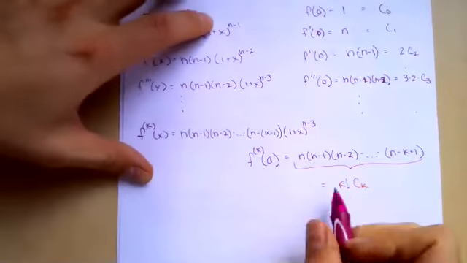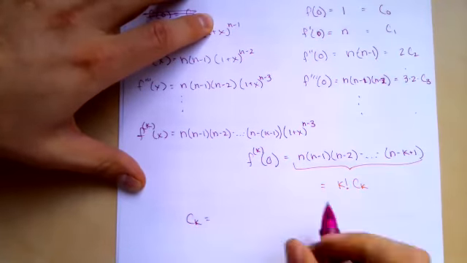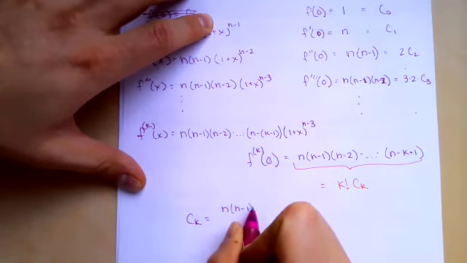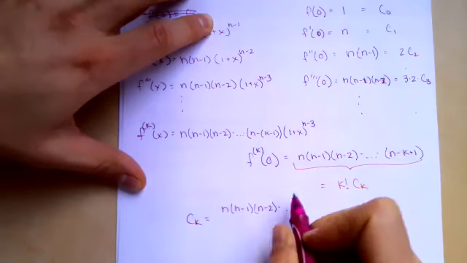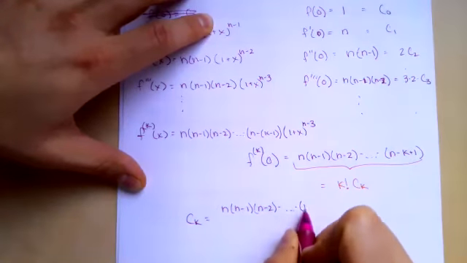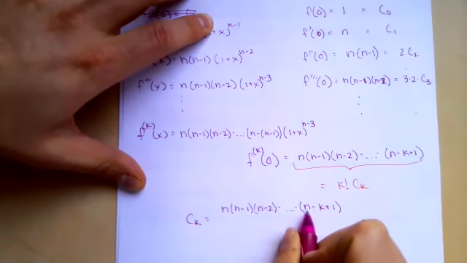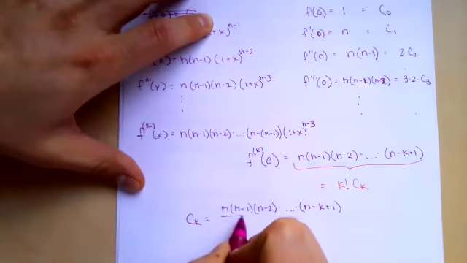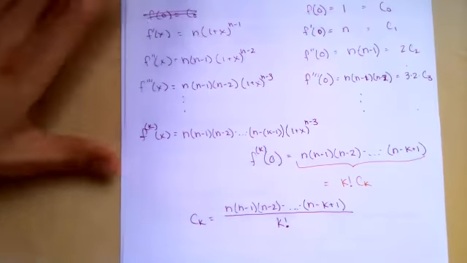In other words, my Ck is going to be n times n minus 1, n minus 2. You're going to keep taking products, but you're going to stop at n minus k plus 1, one degree less than k, and then divide by k factorial.